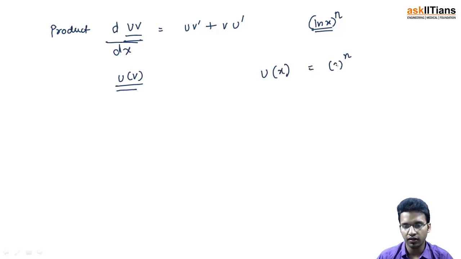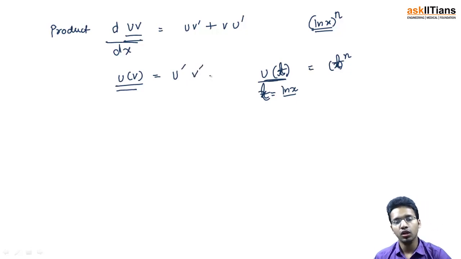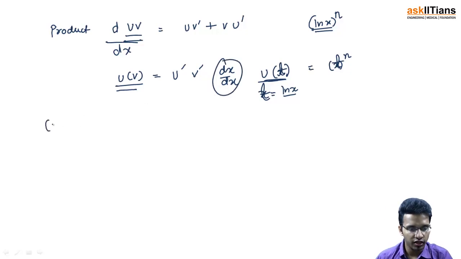If I say t is equal to ln x, then u(t) is equal to t raised to power n. So u of v will be, first you differentiate the outer one, then you differentiate the inner one, and there might be three functions inside, so you go on until you get dx by dx. You stop there, because this is one, and after this there is no use.